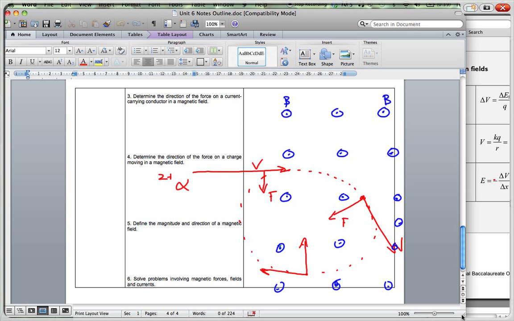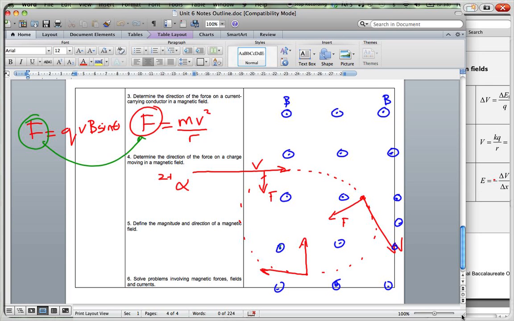And we can actually use this formula over here, that force is equal to mv squared over r, where this force can be worked out from the formula F is equal to qvB sine of theta. So we can use that force in there. We know what our V is.